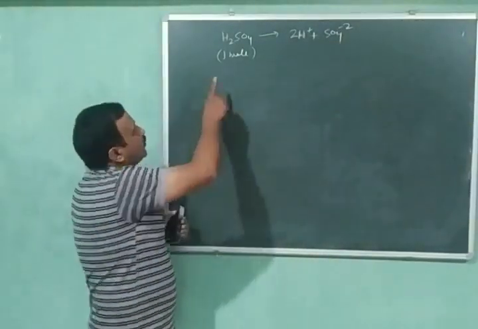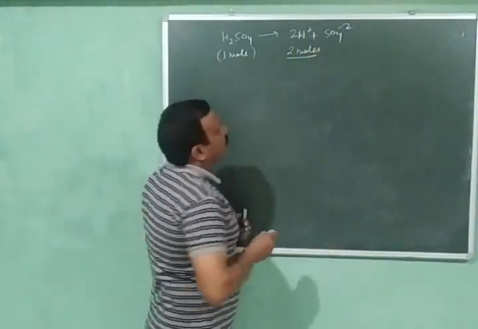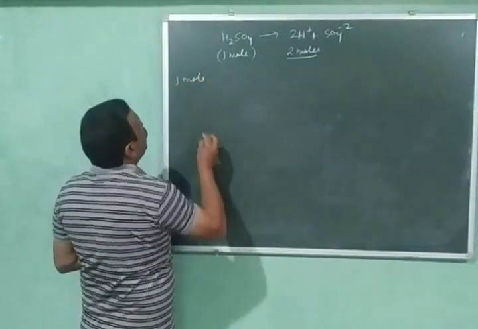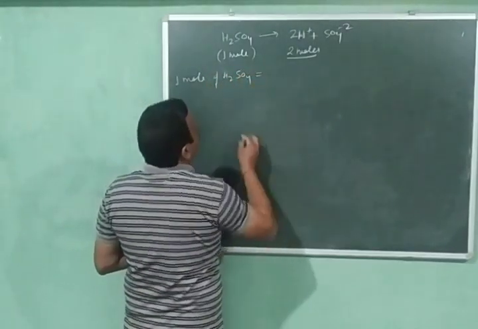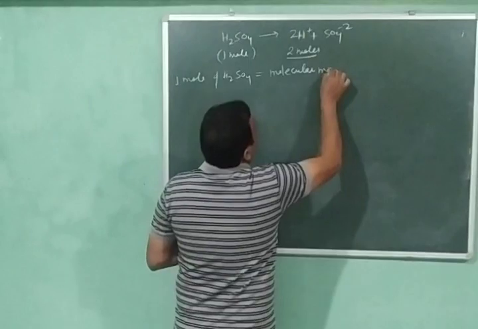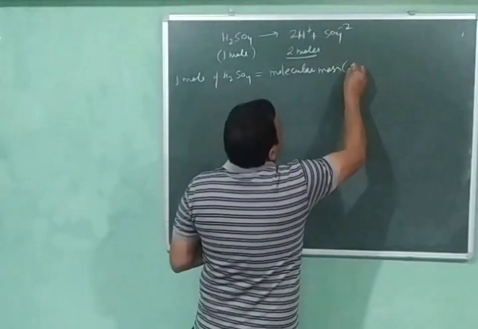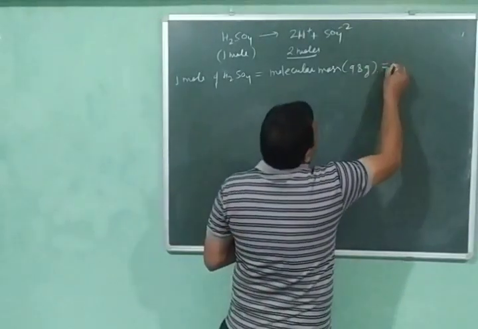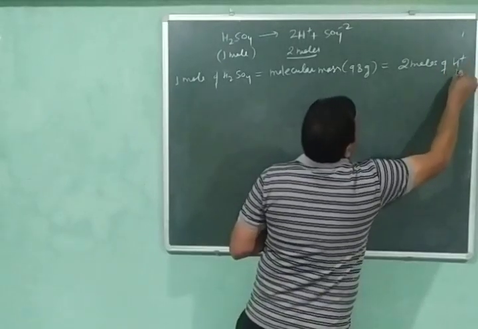This means that 1 mole of sulfuric acid is giving us 2 moles of H positive ion. We also know that this 1 mole of sulfuric acid is equal to its molecular mass, and its molecular mass is 98 grams. So this 98 grams is giving us 2 moles of H positive ions.